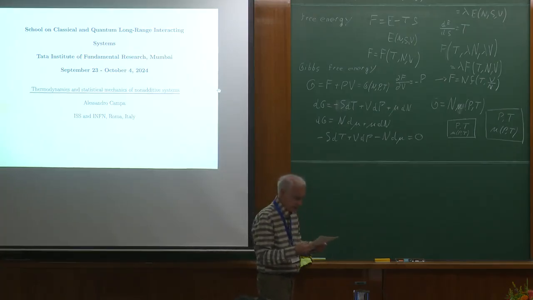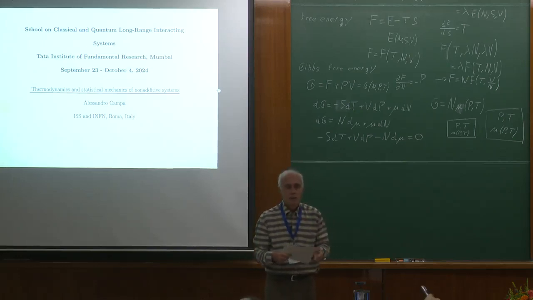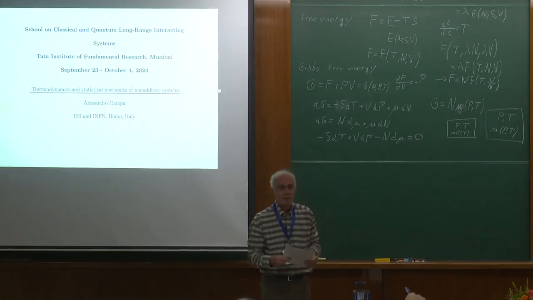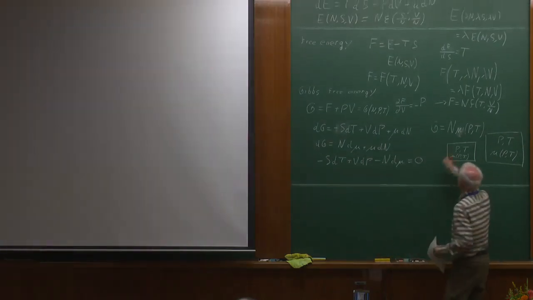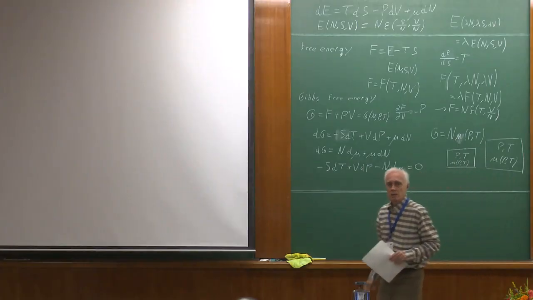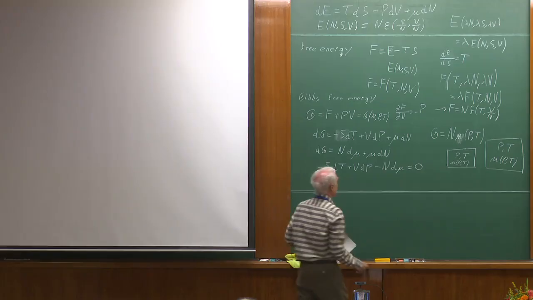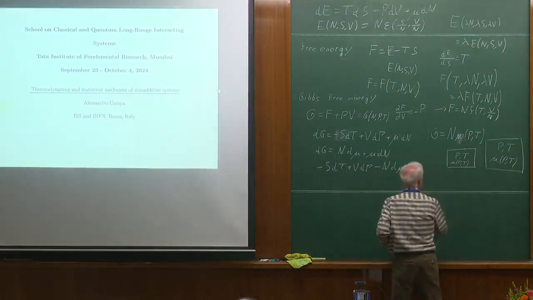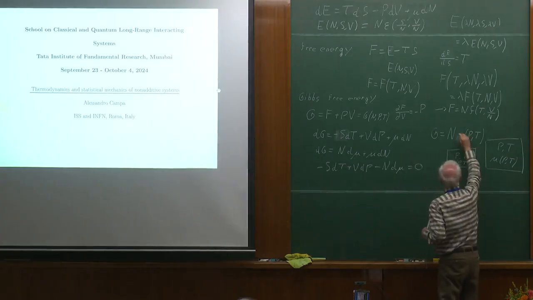And let me give you another. When you write G equals mu N? This one? Yeah. And you substituted small g. So I have this, okay?